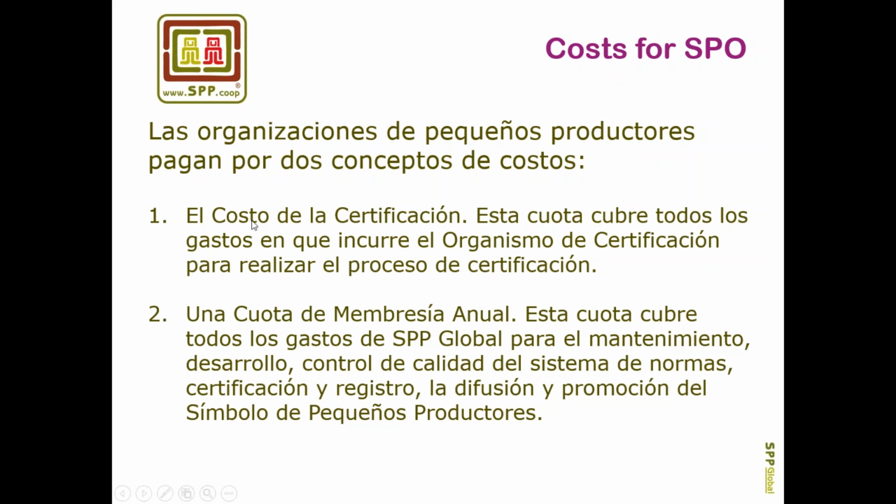Number one is the cost of the certification, which is paid to the certification entity. Number two is an annual membership, which is paid to SPP Global every year when you renew your certificate.